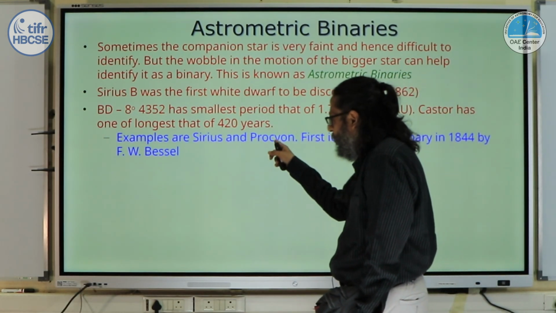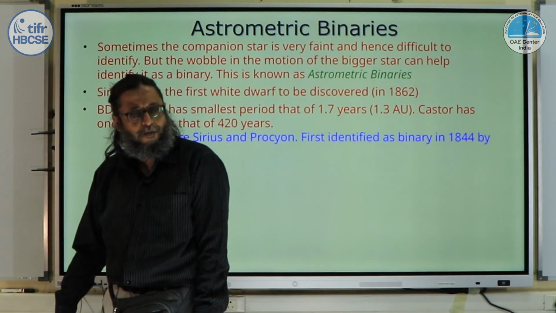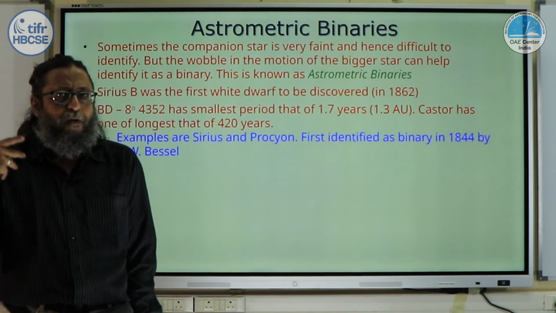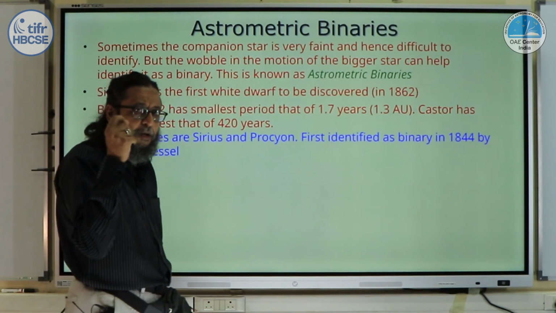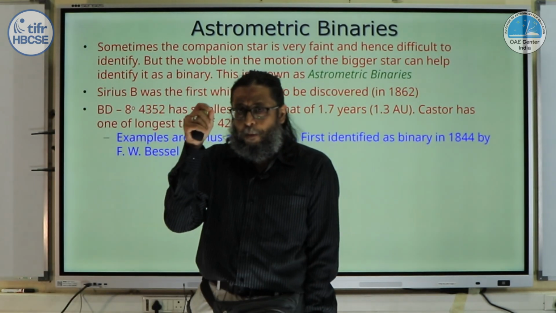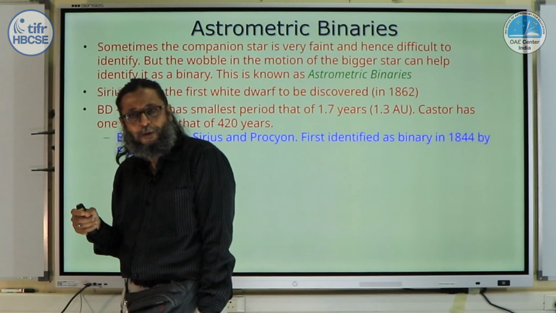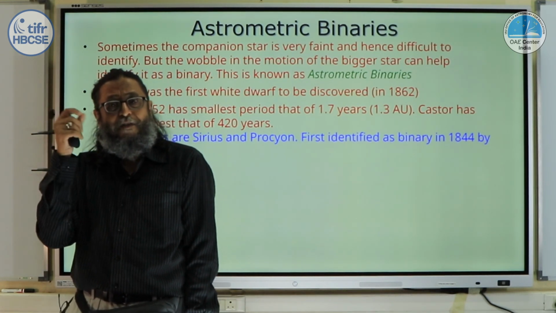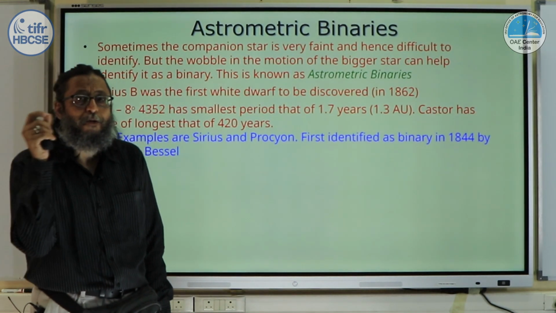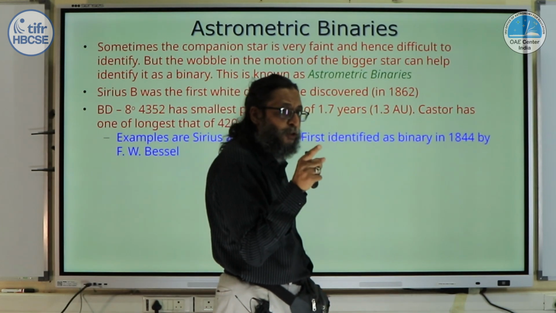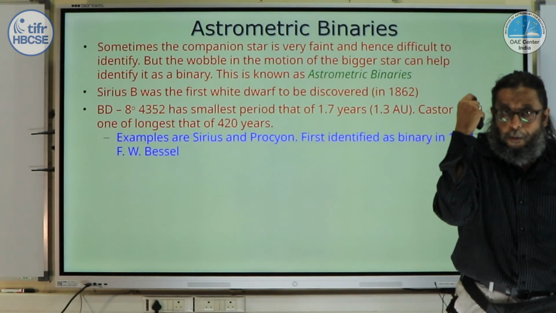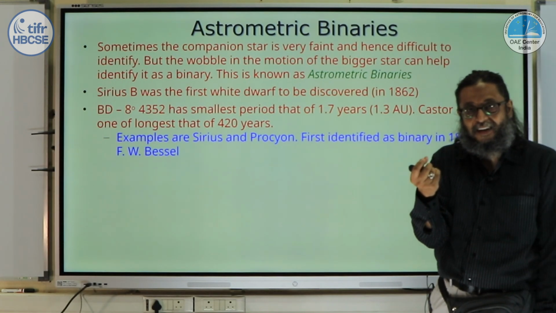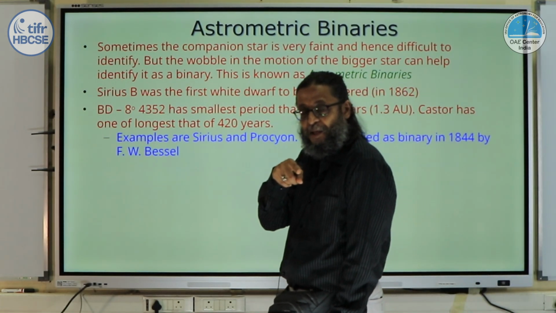And of course, Procyon is another such object. If you have gone through the video on the introduction of binary stars, where we had mentioned what Bessel had written to Humboldt, that he inferred Sirius and Procyon to be binary stars, although they were unable to see the companion stars at that point of time.